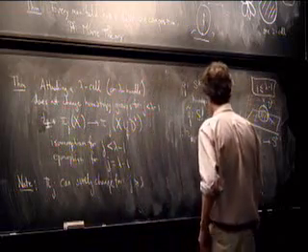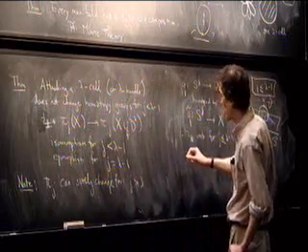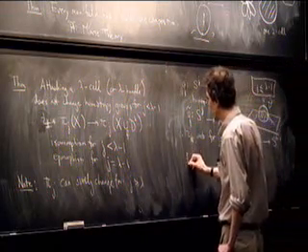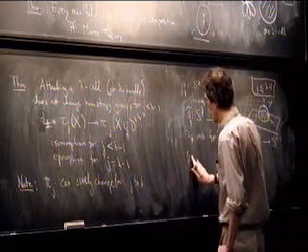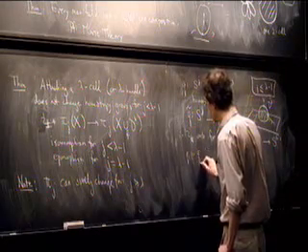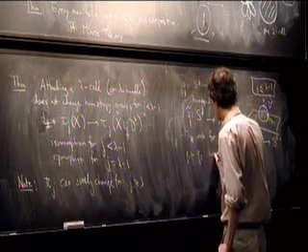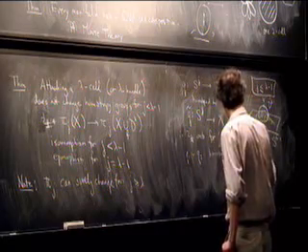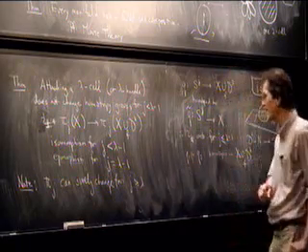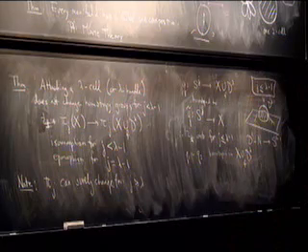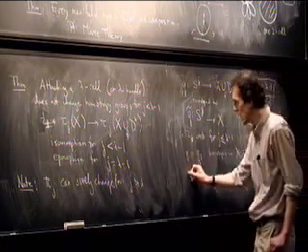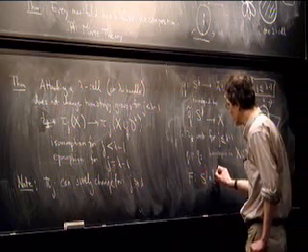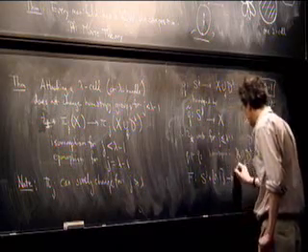Now we want to show that it's also injective when j is less than lambda minus 1. So supposing we have Q1 and Q2, which are homotopic in this attached space. That means that there's a homotopy F from S^j times the interval into this space.